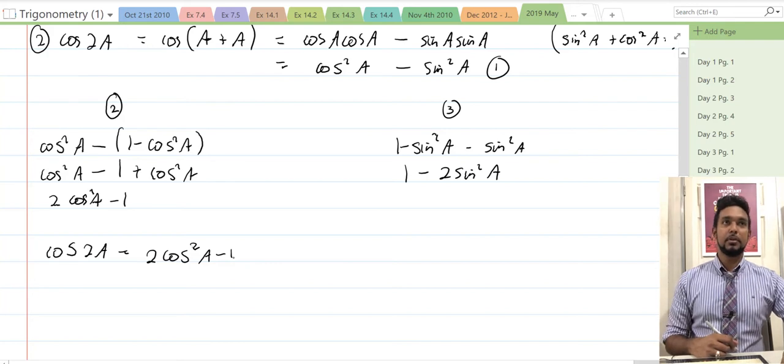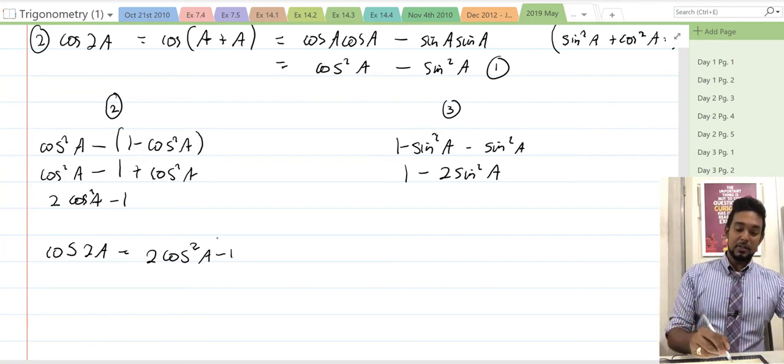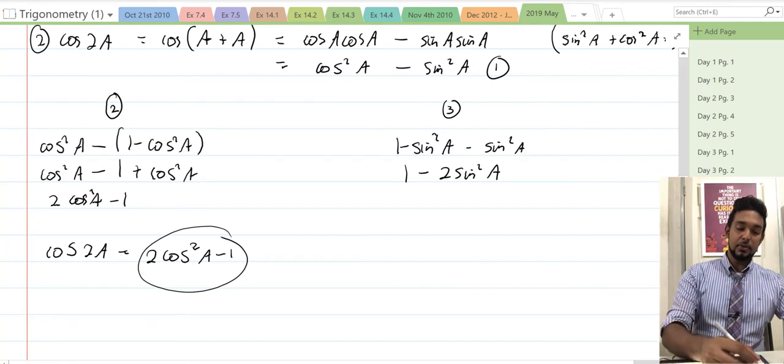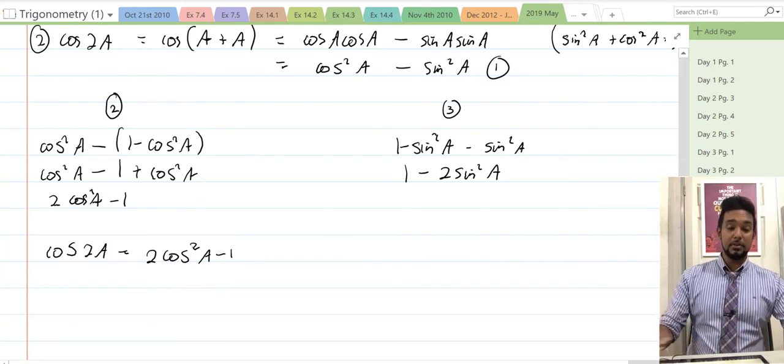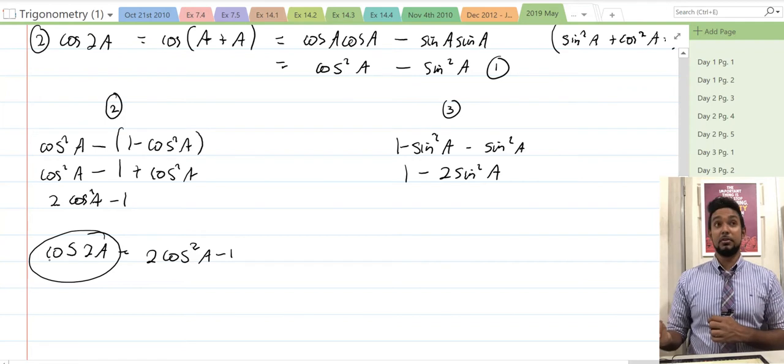They really come into play more at the A level, like if you go further to do calculus with trigs, especially if you have to integrate trigonometrical functions. Sometimes you have to use your identities to boil them down to simpler forms to integrate, because trying to differentiate or integrate sine squared or cos squared could be a pain in the neck, to be honest. It's not that it's impossible, but it's just easier to integrate or differentiate where you have a coefficient of the angle as opposed to a power of the function.